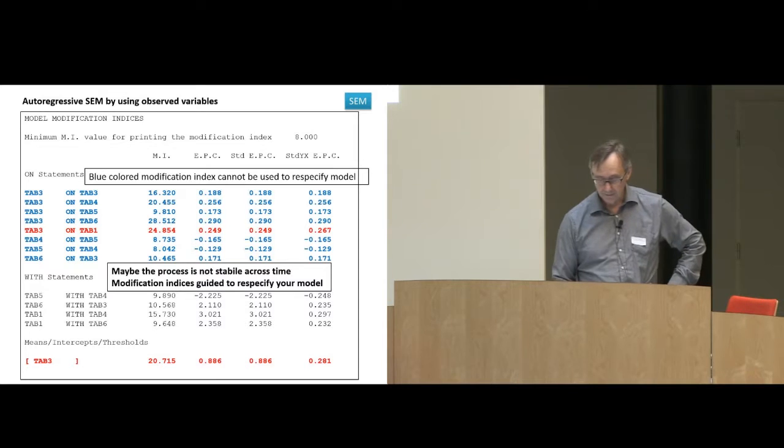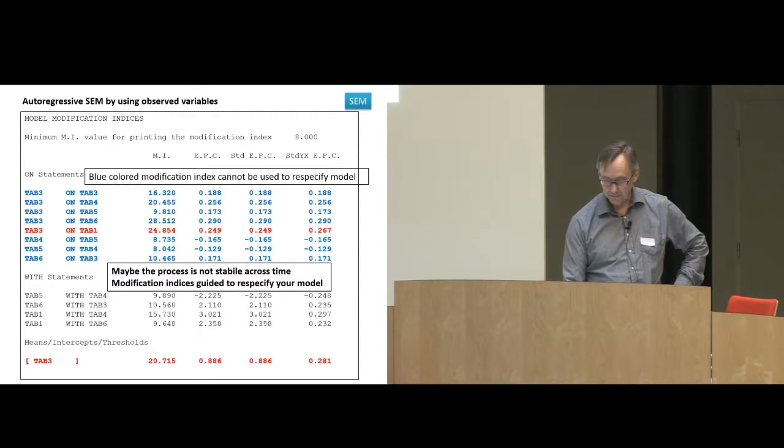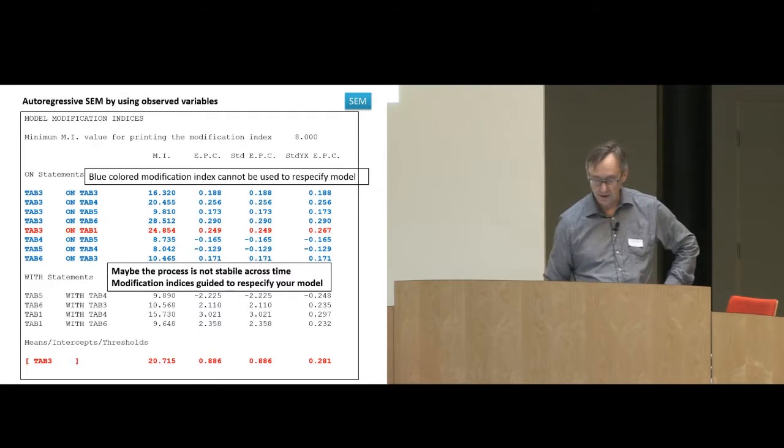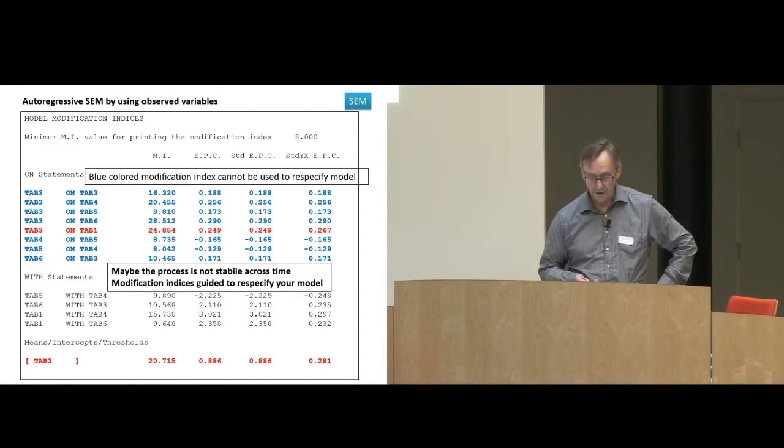Then I have modification indices, and a number of the modification indices are high. But I have blue-colored modification indices that you cannot use, because I have longitudinal data.